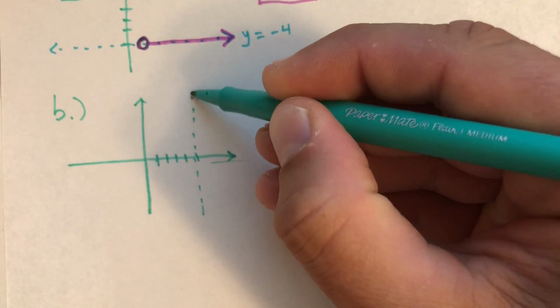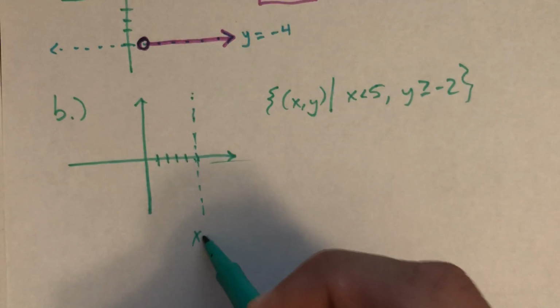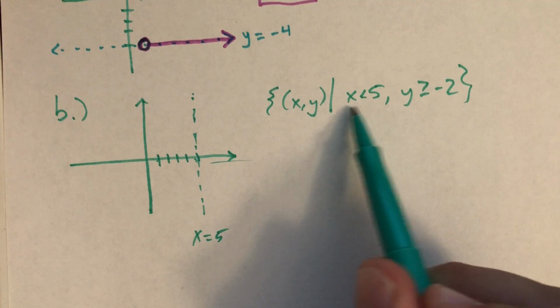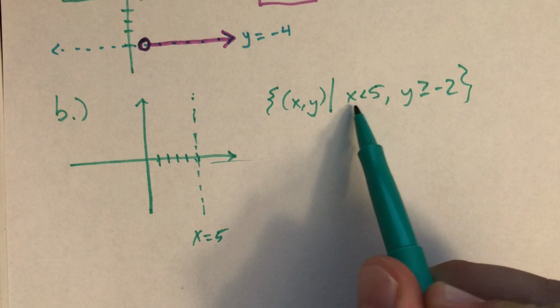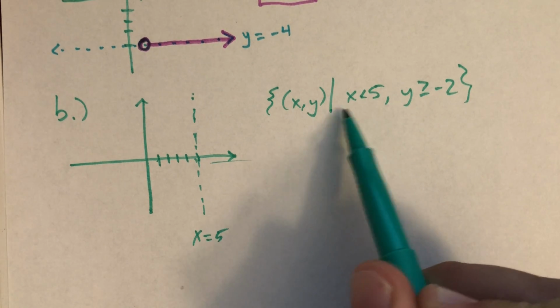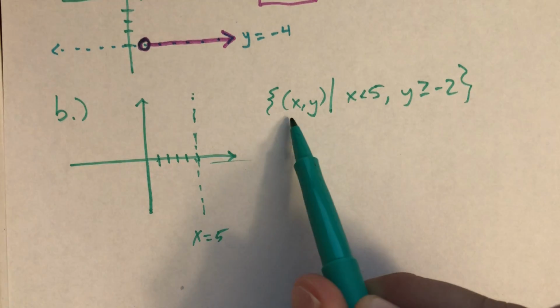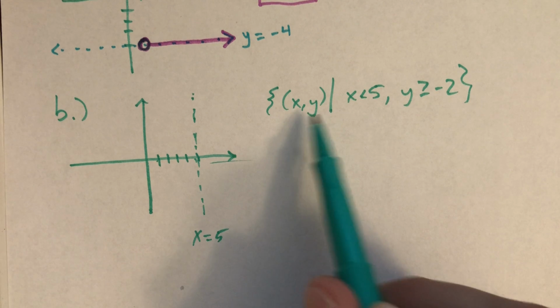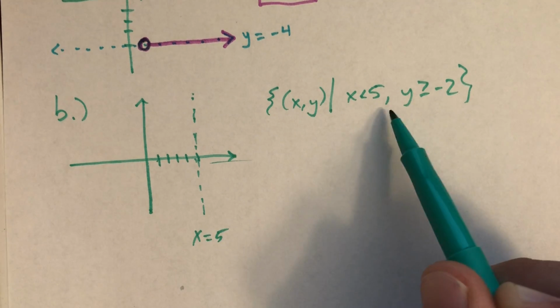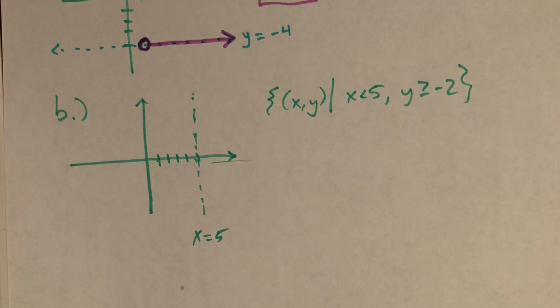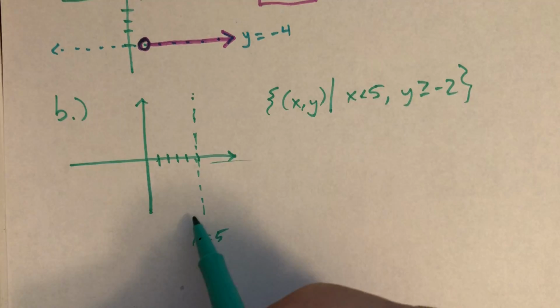This is the line x = 5. I said that wrong. Everything we want is going to have to be less than 5. So any ordered pair that's part of this relation, the set of all ordered pairs such that x is less than 5 and y is greater than or equal to 2, has to be left of 5. I know I said right a few times, but it's left. We've got to be in this direction.